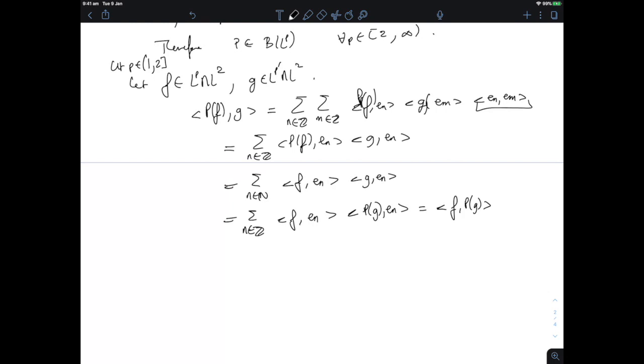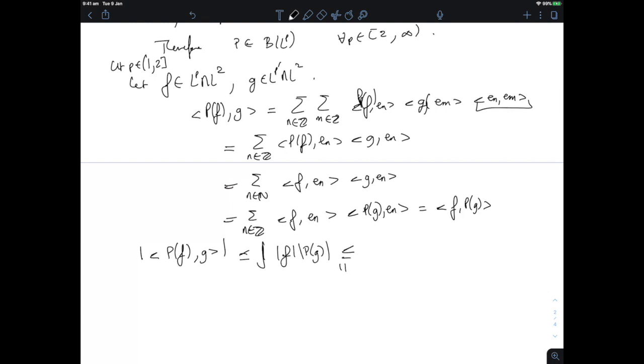But because of that, I can really exploit duality to prove boundedness on Lp for p below 2, because I know boundedness on Lp for p above 2. And let's see how that works. I can look at this integral, the integral of Pf times g, and by the fact that P is self-adjoint, this is the integral of f times P of g.